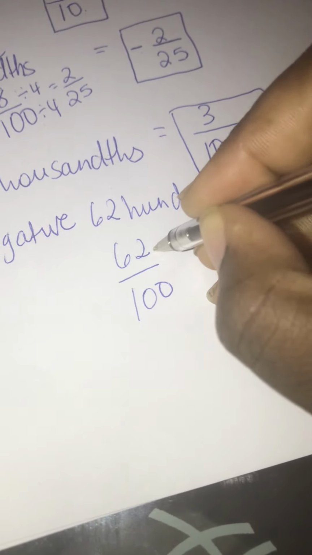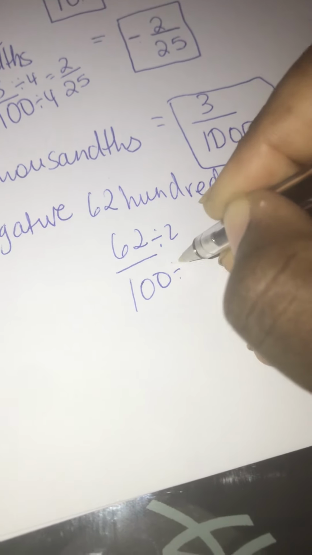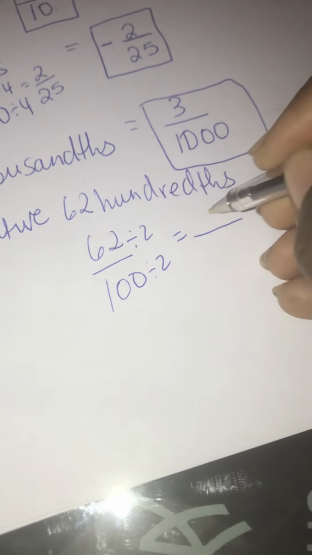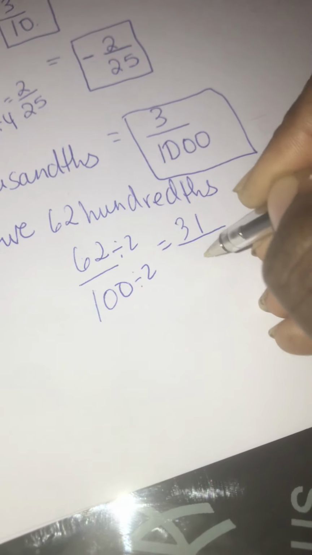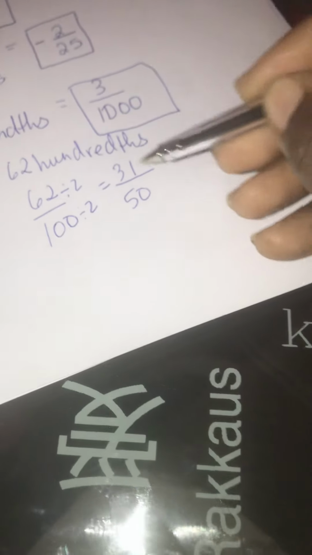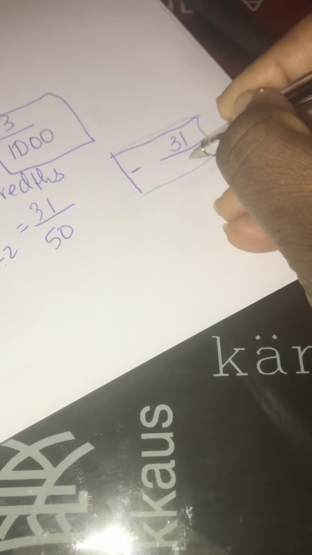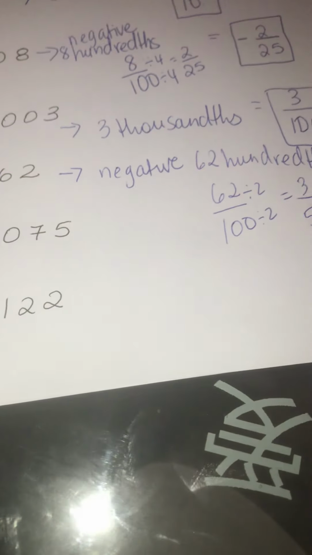I will try with 2 first. Okay, 2 goes here 31, 2 goes here 50. There's no common factor between 31 and 50, so that's my answer. Negative 31 out of 50.